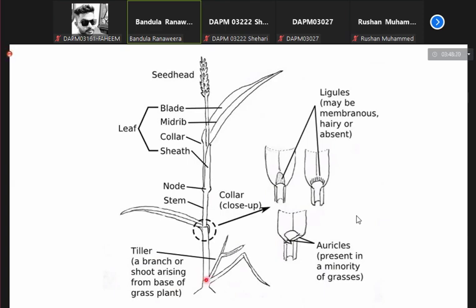In the grasses, there is a phenomenon called tillering. It is a development of a new branch or new shoot from the base of the mature plant.